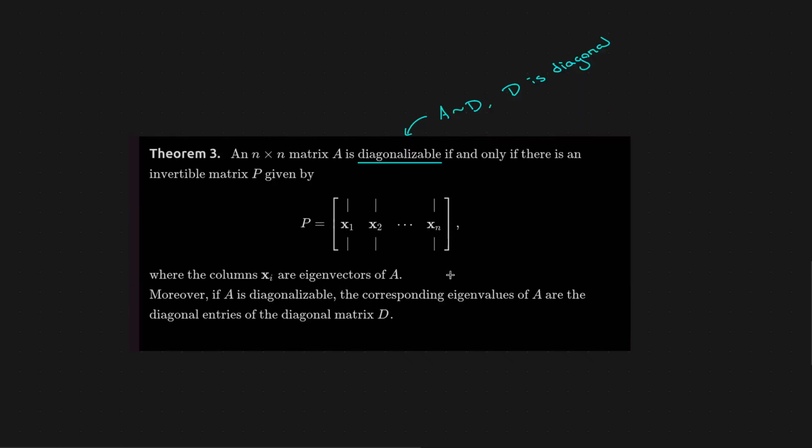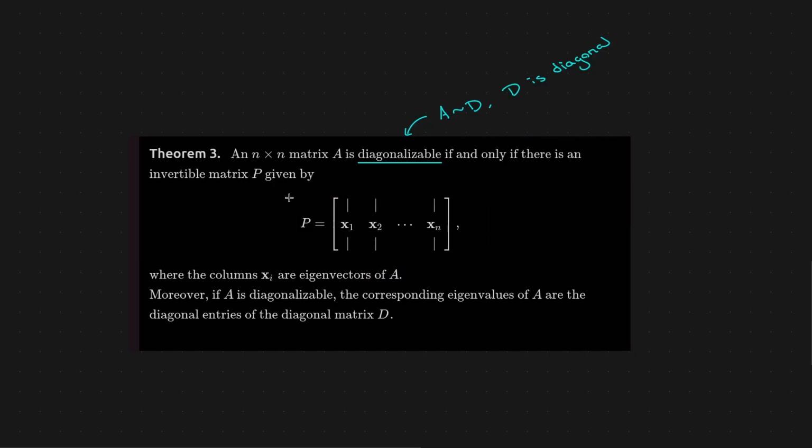Now notice this actually puts a limit on when a matrix can be diagonalizable. Because in order for matrix A to be diagonalizable, matrix P, which has the eigenvectors of matrix A, has to be invertible, which means all those eigenvectors need to be linearly independent.